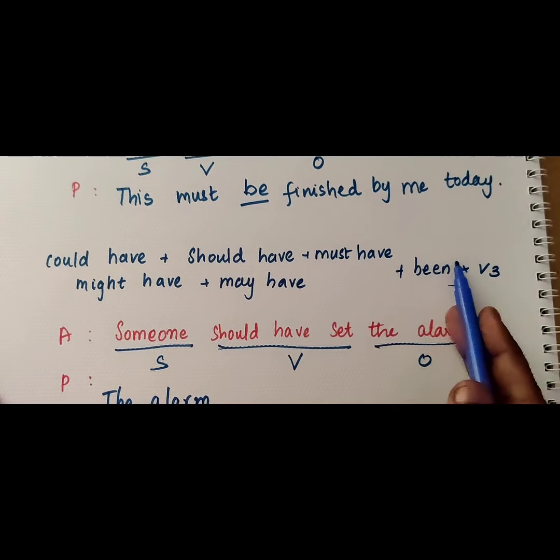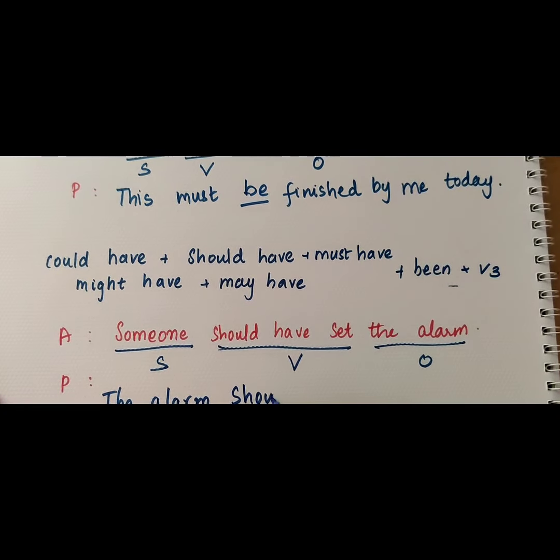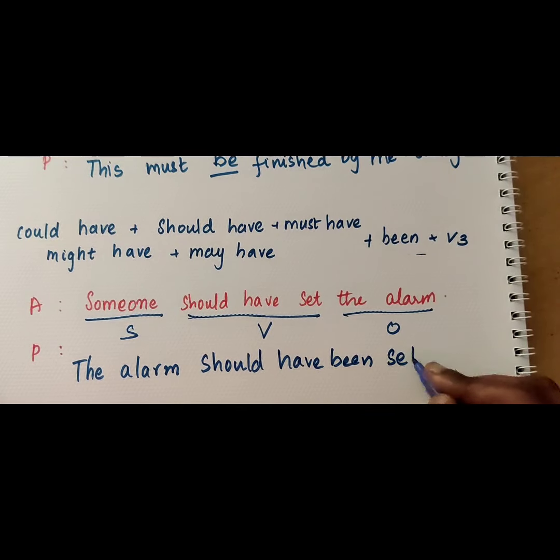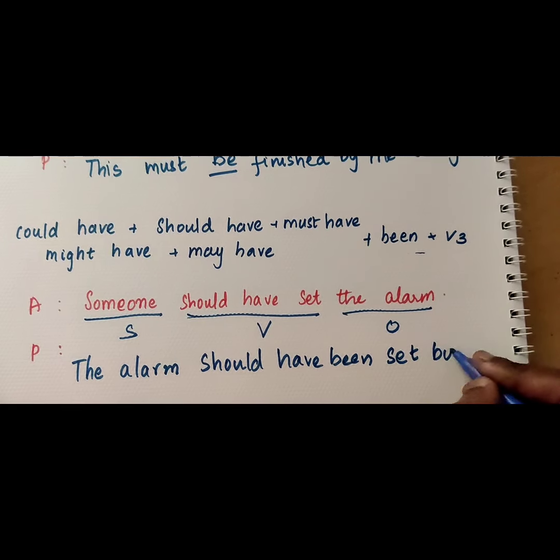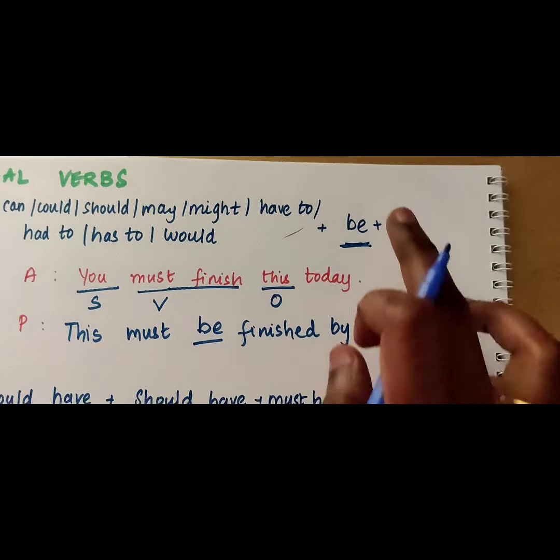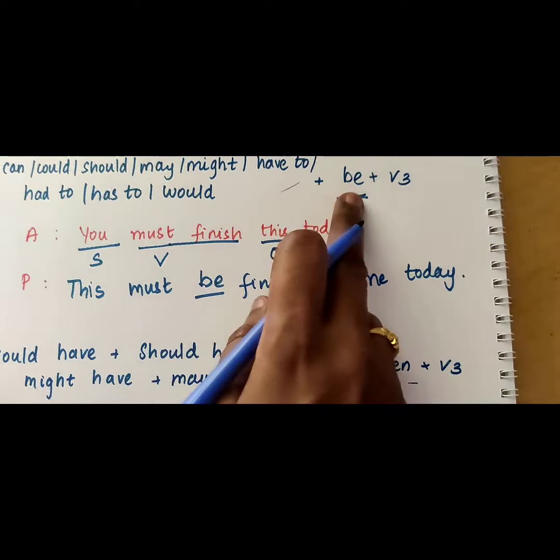Should have been. Set, the V3 form, is also set only. So the alarm should have been set by someone; the subject will come as it is. Okay, so remember you have to add be in case of only modal. If it is modal and have, it should be been.